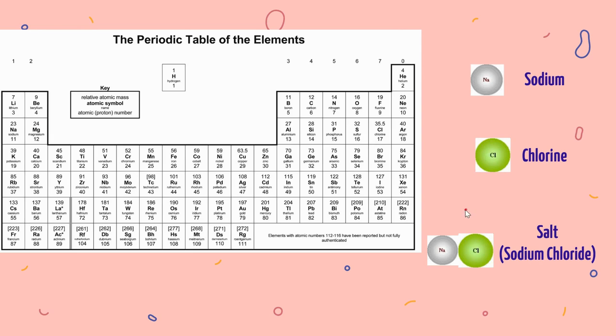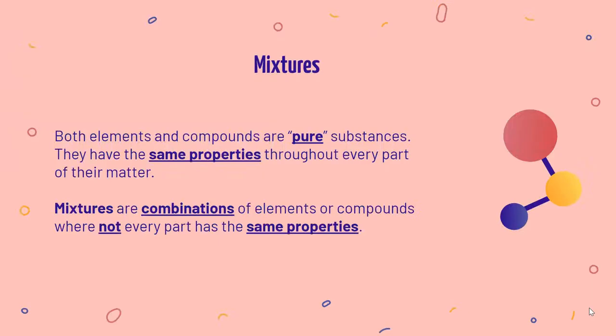However, if I search the periodic table for sodium chloride, that salt, I'm not going to find sodium chloride anywhere on the periodic table. And that's because sodium chloride is a compound. It's multiple elements put together. Our table only shows us the pure elements. And we'll use this later when we start to talk about all the different kinds of matter. So we have element sodium, element chlorine, and a compound for sodium chloride.